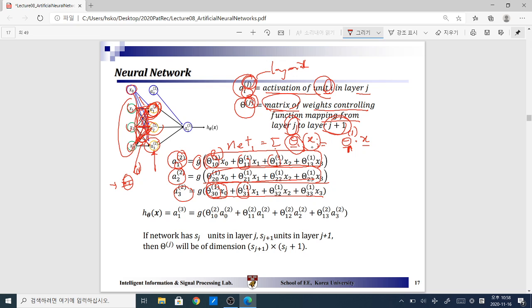Okay, so then let's move to, say, this is layer 2. This one here would be layer 3. So then the third one here, this neuron here, would be represented by 3 as the superscript, as being located at layer 3. And because we only have 1 unit, I'm going to still use subscript 1 to represent this neuron.